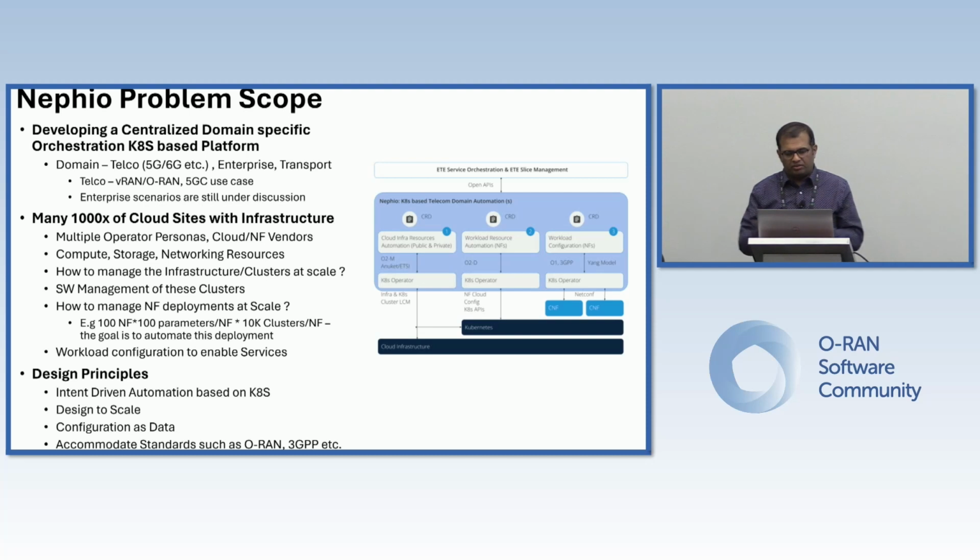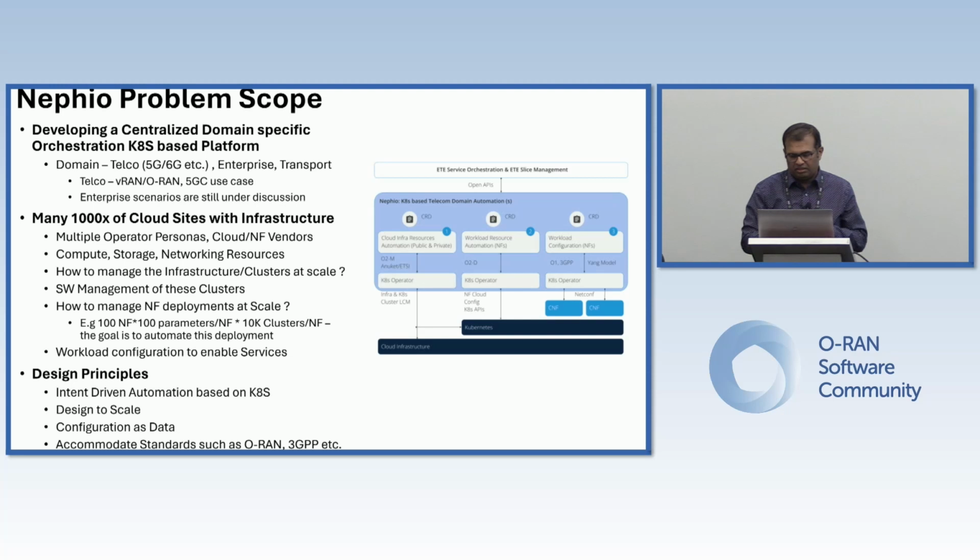The operator has to take the blueprints and packages given by the vendor and customize them for deployment. Configuration as data is about separation of concerns, where you keep the configuration which can be acted upon by controllers for specialization and so on. And then accommodate different standard bodies.